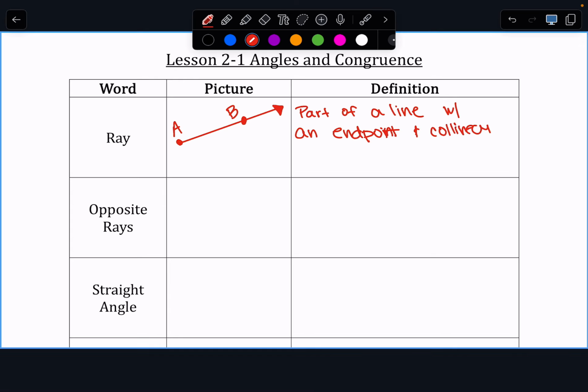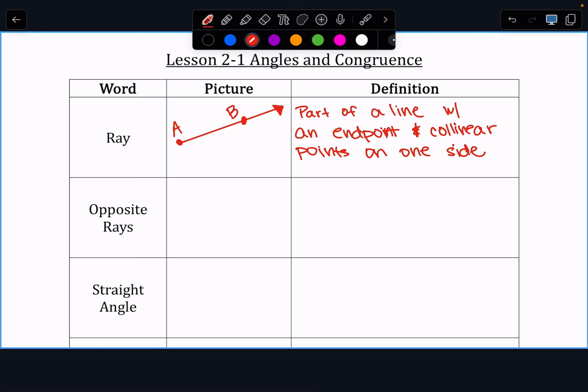And then collinear points on one side. Okay. So it's part of a line. It has an endpoint. And then it goes forever in one direction.